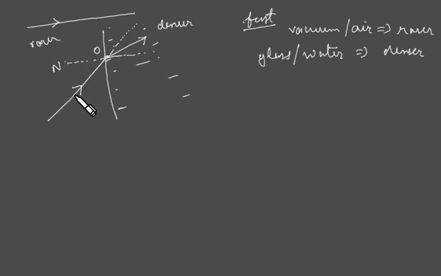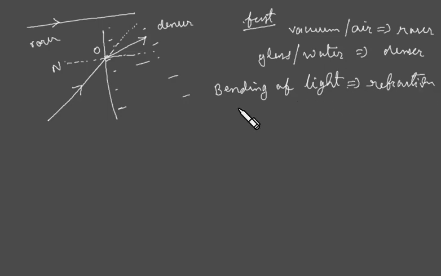Okay, so when the light travels from the rarer to the denser medium, it bends towards the normal. And this bending of light is called the refraction of light.